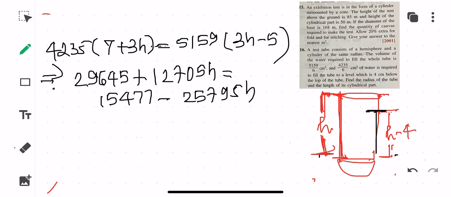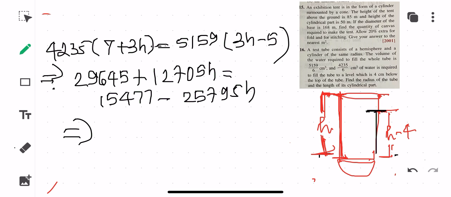We are getting what? So this you will be taking that side. So this becomes equal to what, children? See, this h, if you are taking on that side, then it is evident that this particular thing is going to come on the left hand side. So what you are getting now, see, 5235 into 7, and here we have 5.